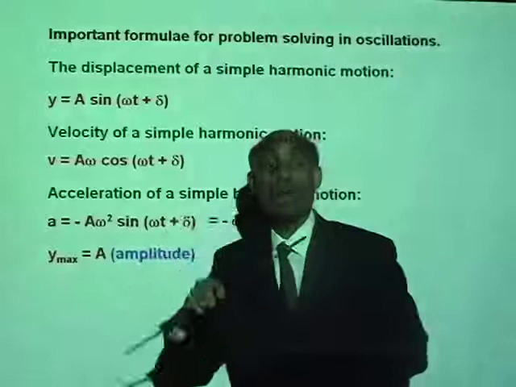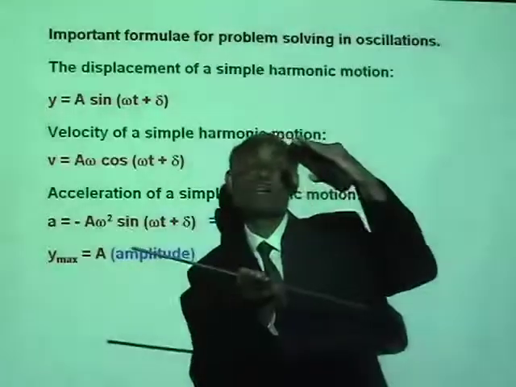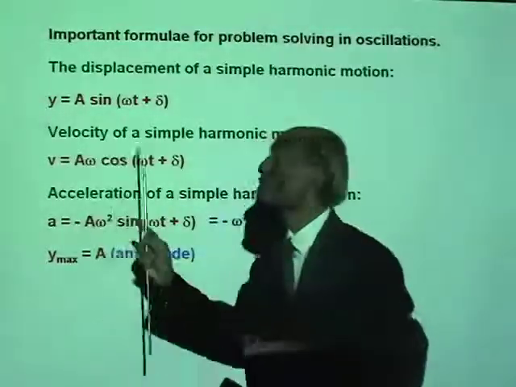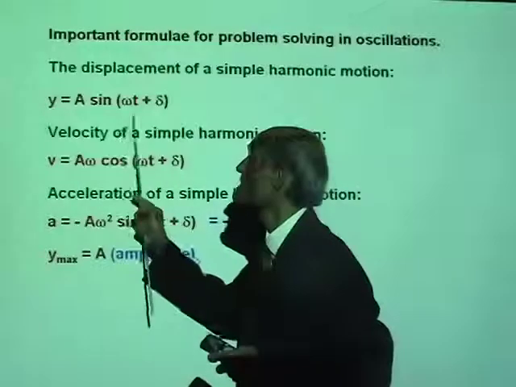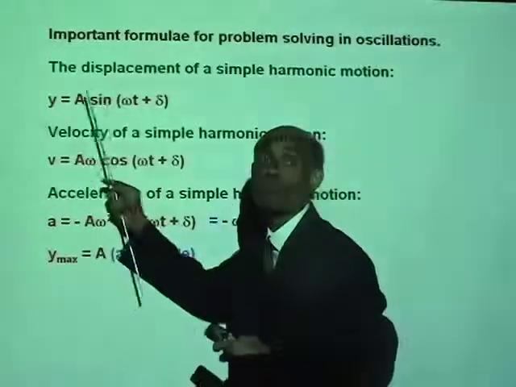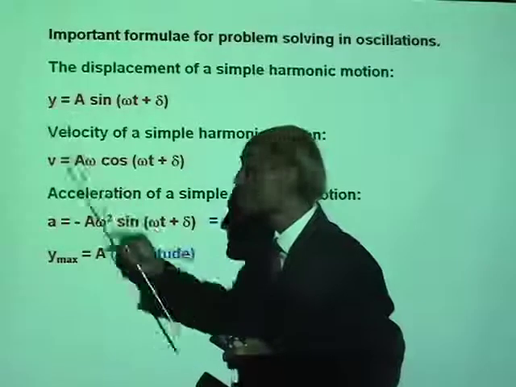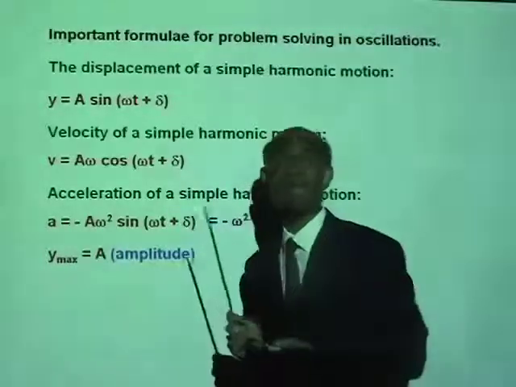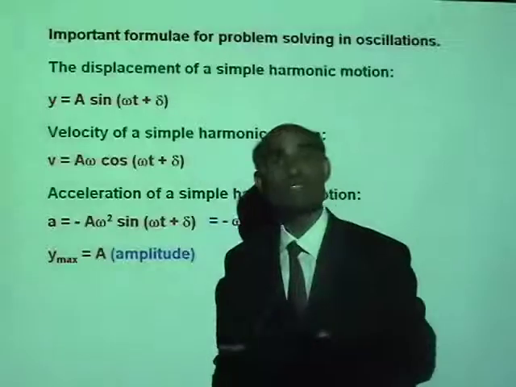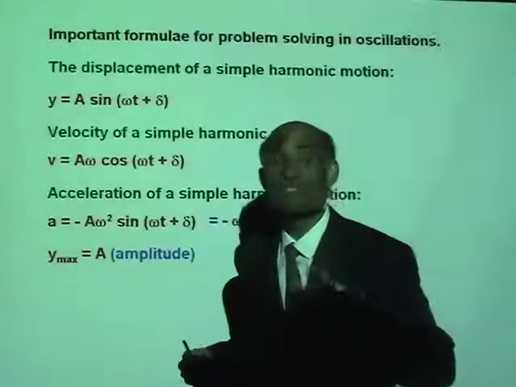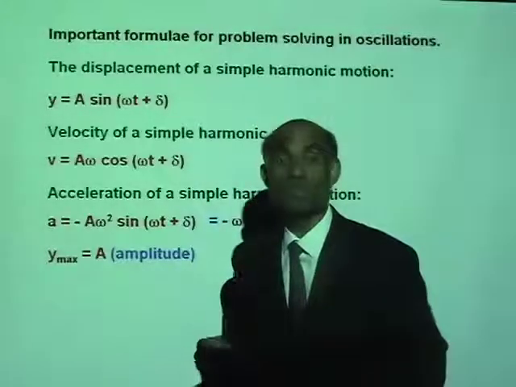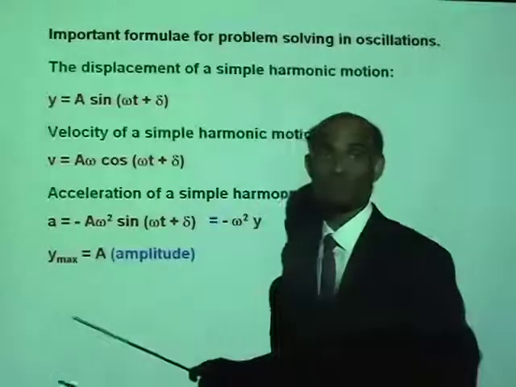All other sine values will be less than 1. So the maximum value of the sine quantity is 1. Therefore, the maximum value of the displacement is the amplitude A. Even otherwise, the definition of amplitude is the maximum displacement.